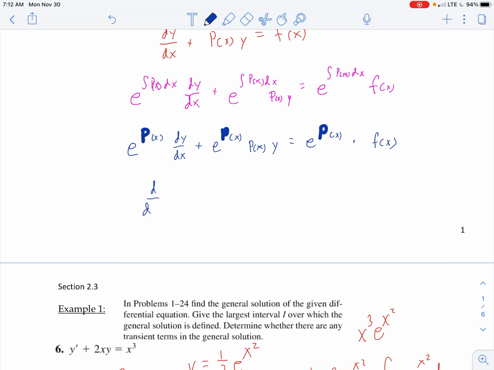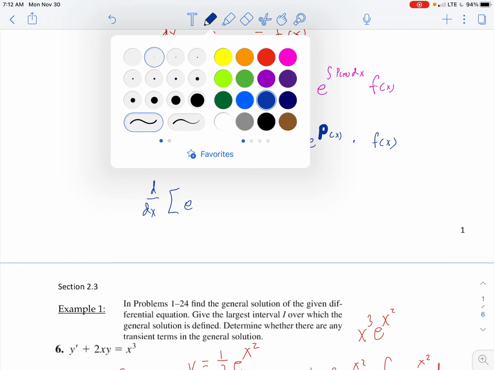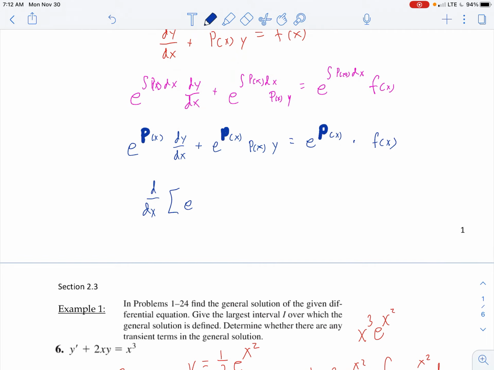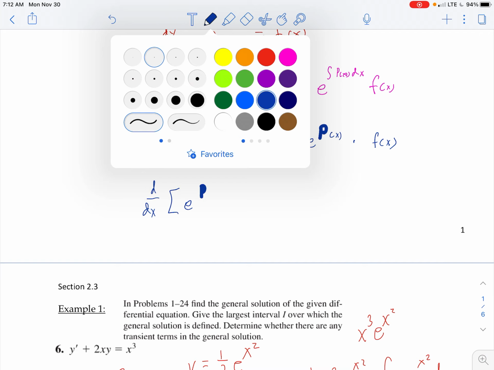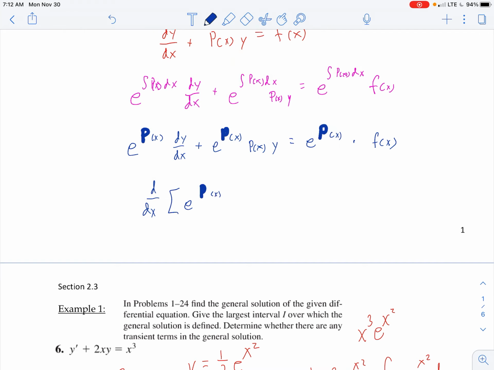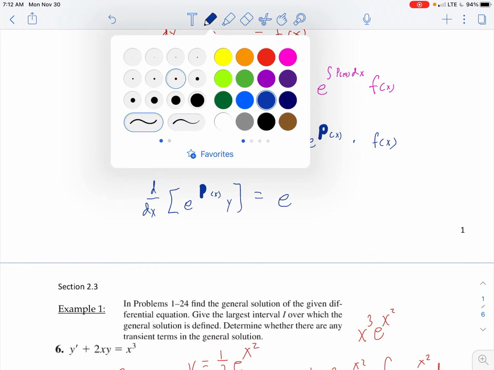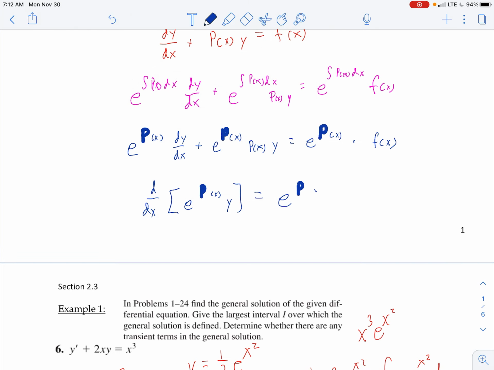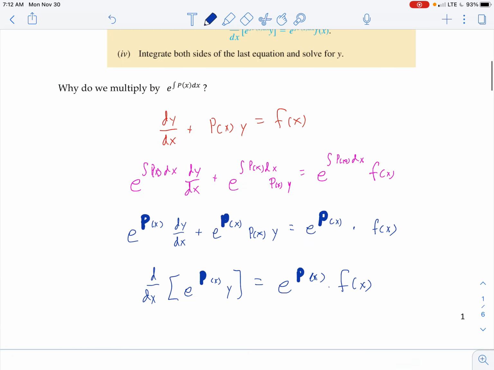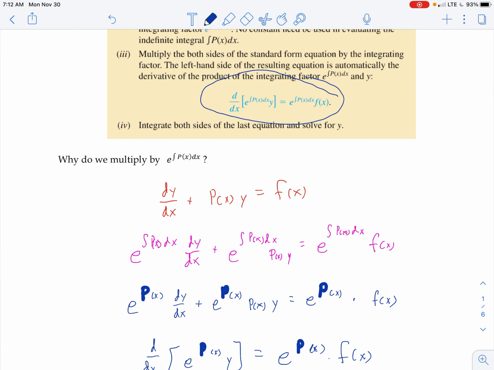So d over dx of e to the P of x times y is equal to e to the P of x times f of x. And that's how we get to this part right here.